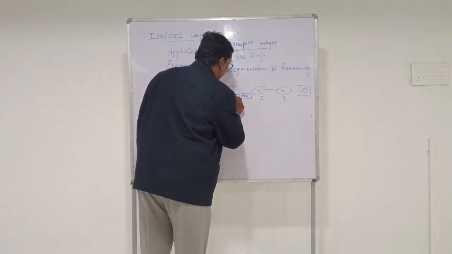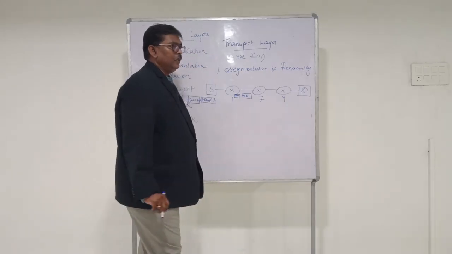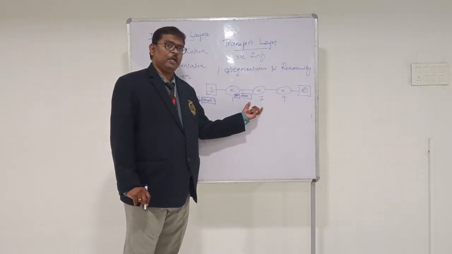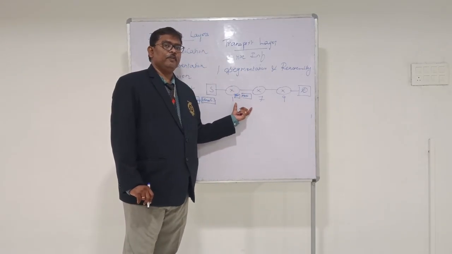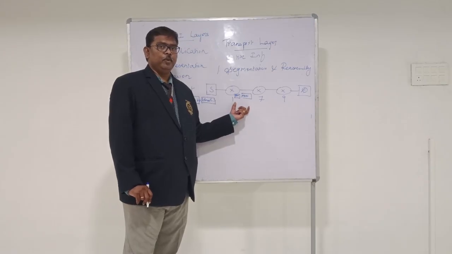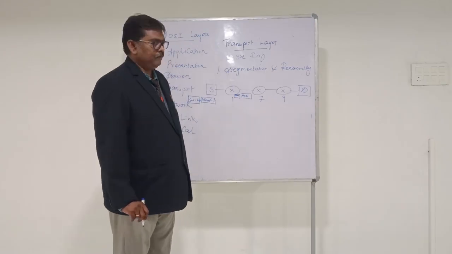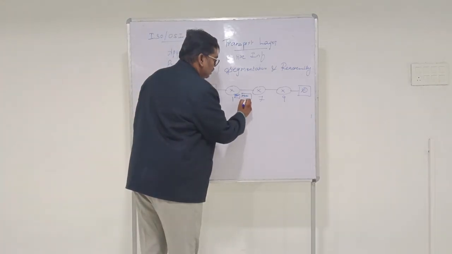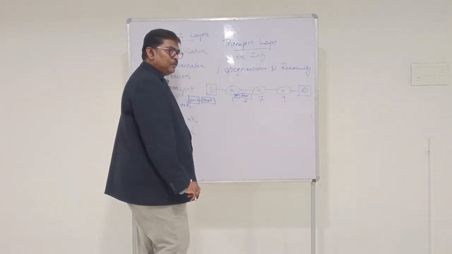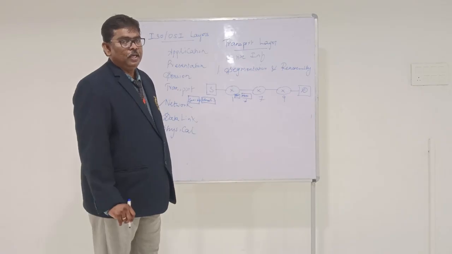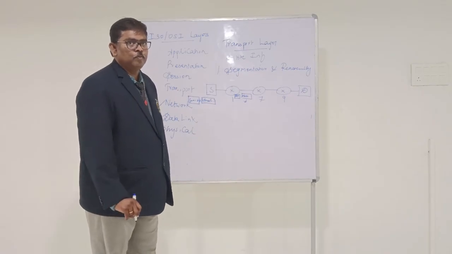Suppose this router or network is not able to handle this amount of information. Here I do a segmentation process. The 2000 bit packet will be converted into two smaller packets.